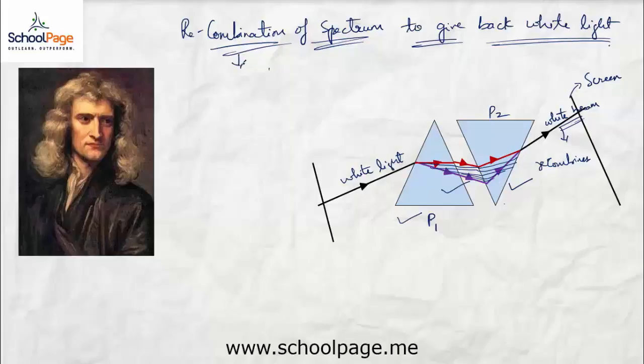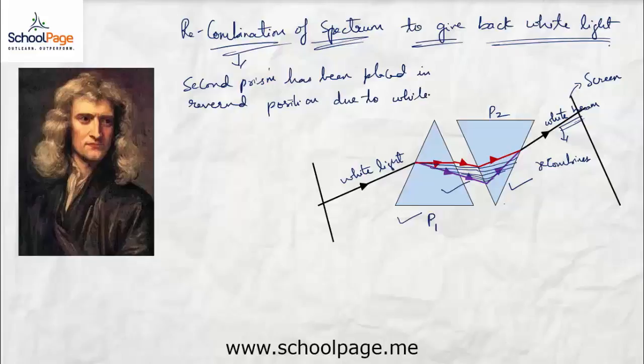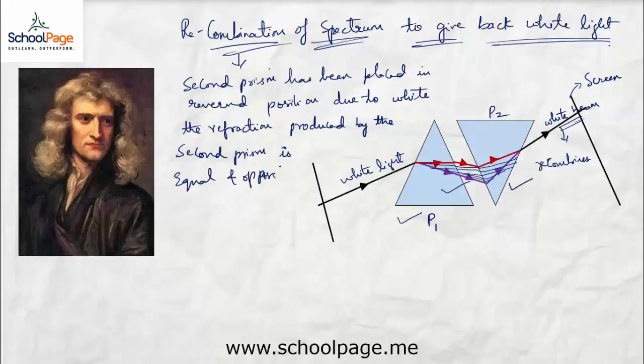So the recombination of 7 colors produced by the first prism is due to the fact that the second prism has been placed in reversed position, due to which the refraction produced by the second prism is equal and opposite to that produced by the first prism.